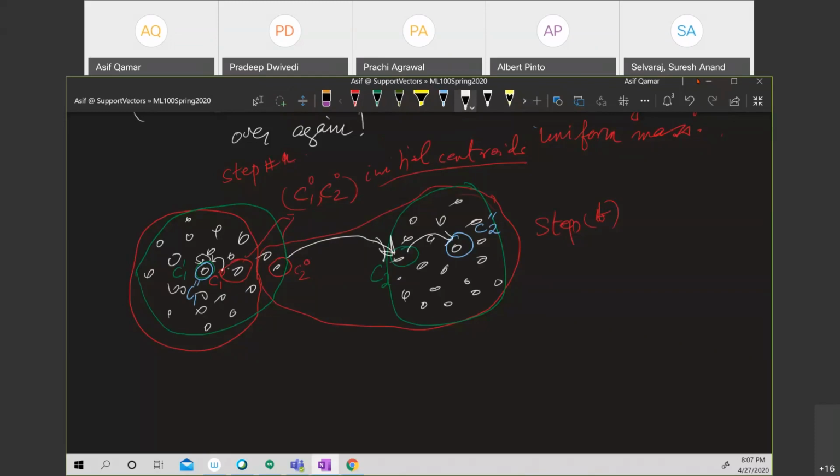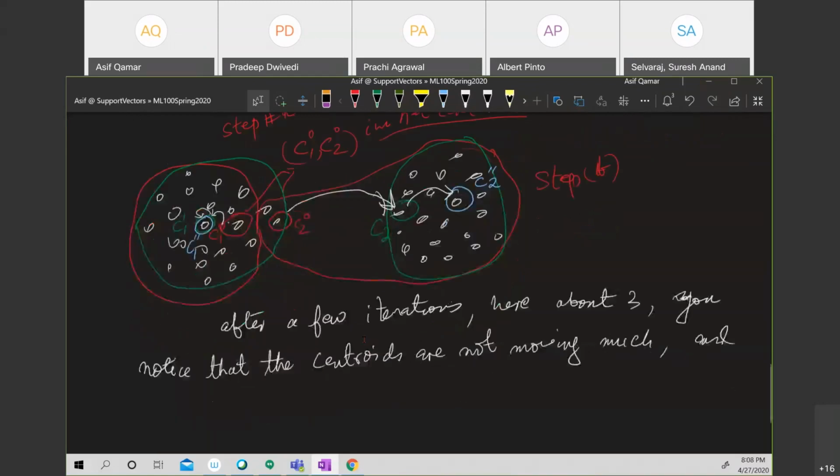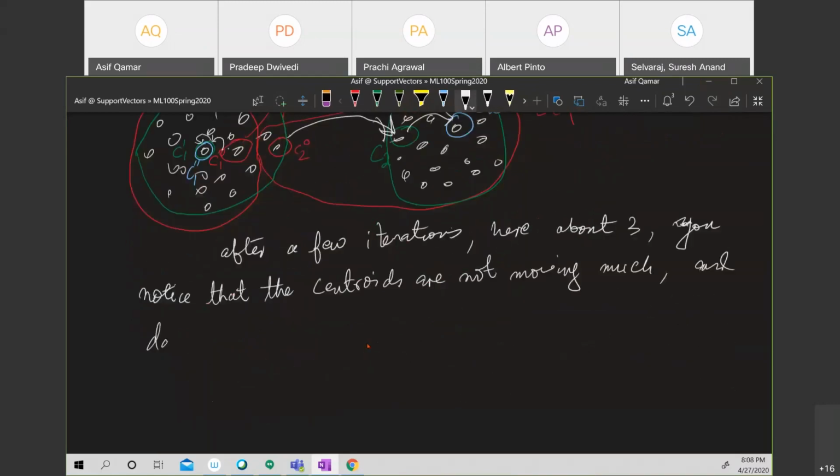But then what happens is after a few iterations, here about 3, you notice that the centroids are not moving much, and the other observation that you have is that data points are not migrating from one cluster to another.